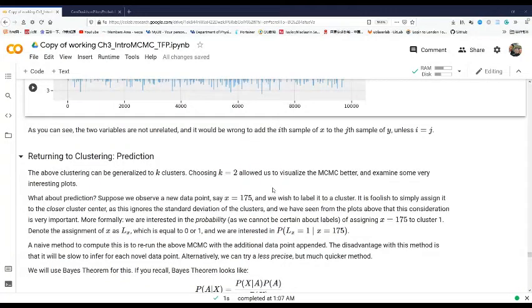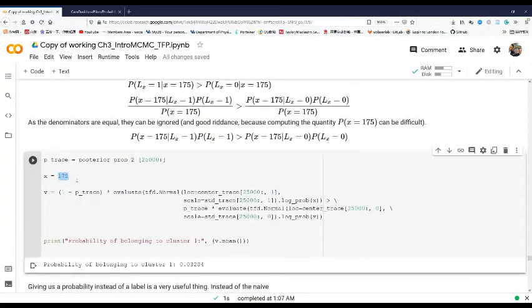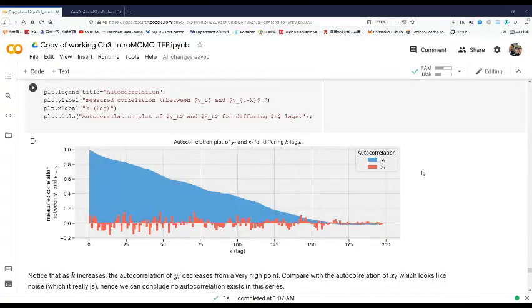And another feature of this model is that we can do the prediction. So let's say we have a new data point that is 175, then we can evaluate the probability that this data point belongs to cluster 1 or cluster 2. And we can also use the autocorrelation to diagnose the convergence of the result.